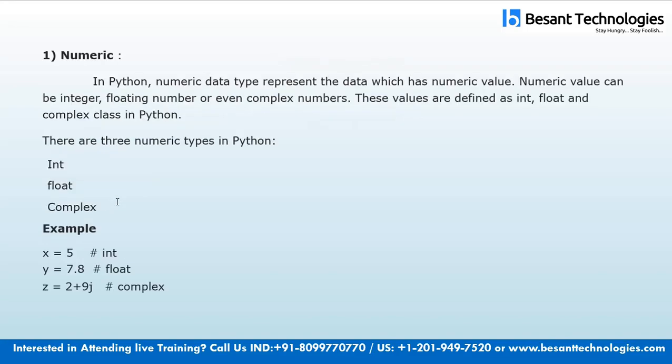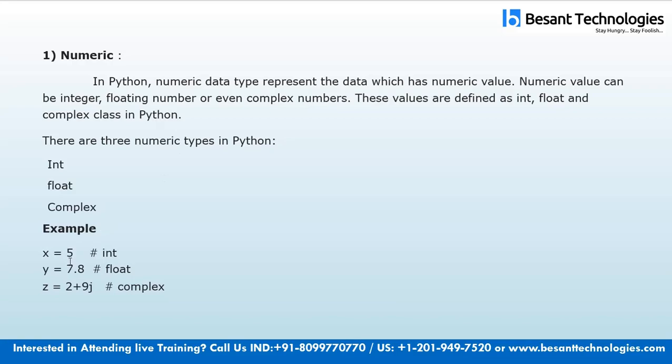First, we will see numeric. What is numeric? The numeric data type represents data which has a numeric value. A numeric value can be an integer, that is whole numbers, a floating number, that is real numbers, or even complex numbers, which contain a real and an imaginary part. These values are defined as int, float, and complex classes in Python.